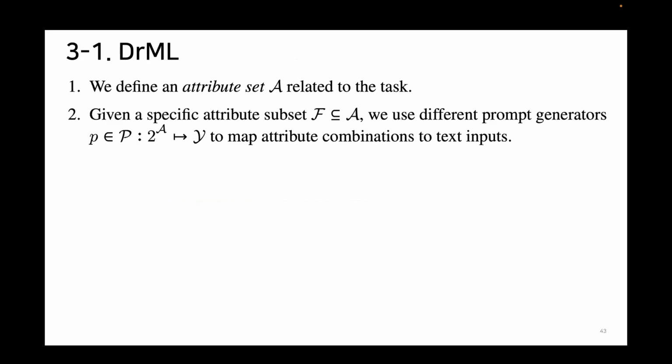For Dr. ML, first they define an attribute set A, and then given some specific attribute subset, they generate with these defined attributes and also predefined prompts. Using some prompts and these attributes, they generate the language inputs.